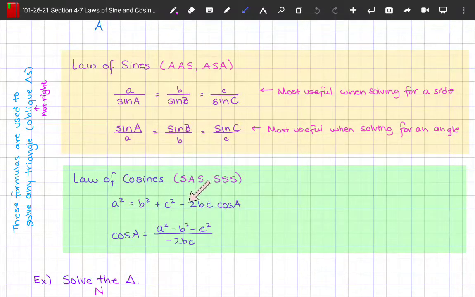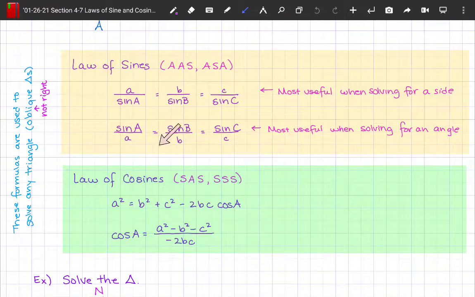And then all of this is being multiplied by two b c cosine A, so you'd have to divide by that. So it's easy to get to this equation from this one. So honestly, I would just memorize this one. And then if you need the angle, just quickly solve this equation for cosine A, and then you have this version. And law of cosines you're going to want to use when you have SAS or SSS.